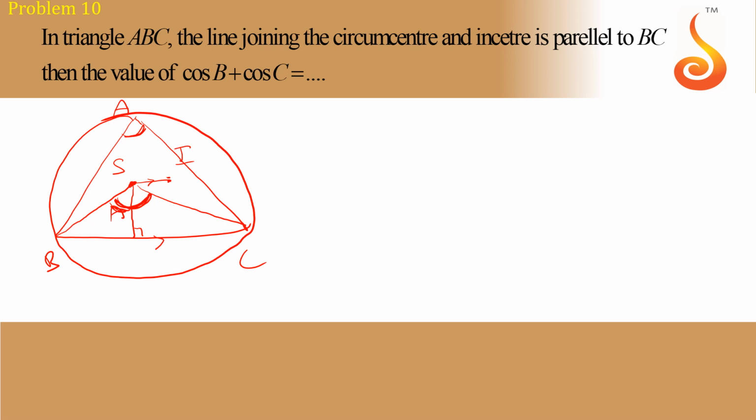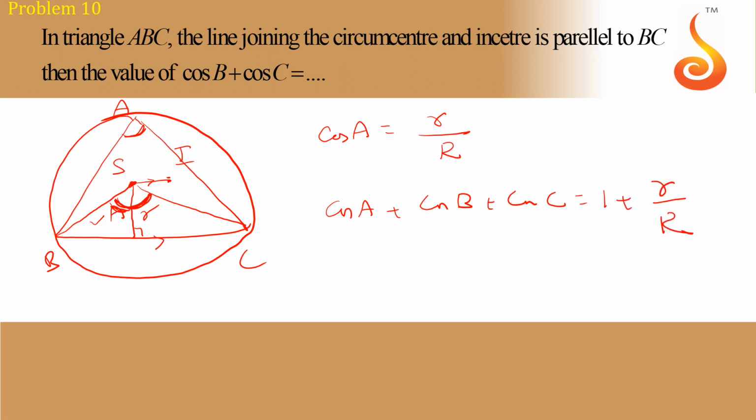A. So in this small triangle, if I apply cos A, it should be this length divided by the hypotenuse, which is the circumradius, which is capital R. But in any triangle, you know that cos A plus cos B plus cos C is equal to 1 plus small r by capital R. So there are some standard results, we should learn them. Now for the situation, cos A and small r by capital R are equal. So that gets cancelled. So the value of cos B plus cos C will be 1.